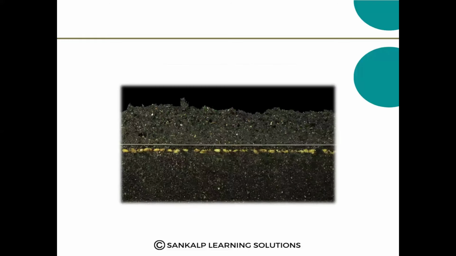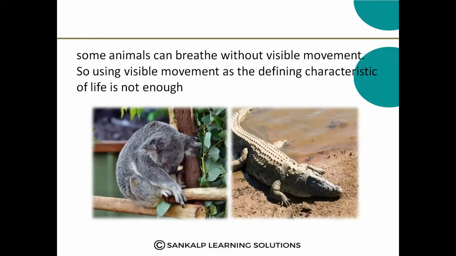Then what about these animals? Observe these pictures, the first picture and the second picture. In both pictures, if you observe the organism directly, we can't say whether these organisms are living or non-living. Why? Because in the first picture, the animal is not showing any movement, and respiration is also not observable here.